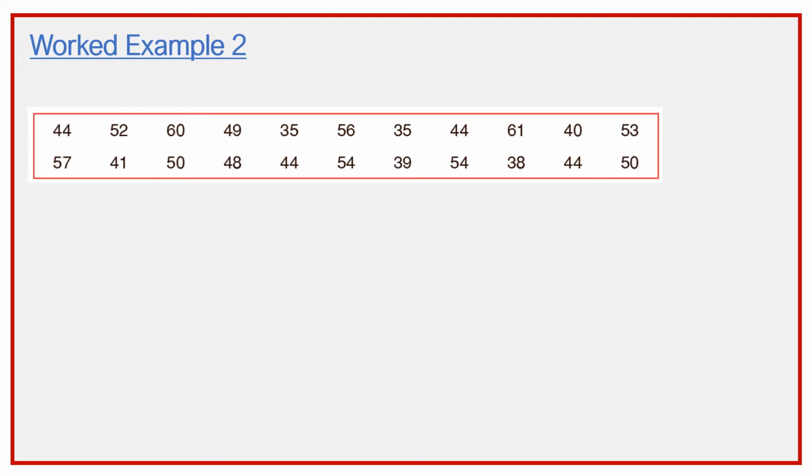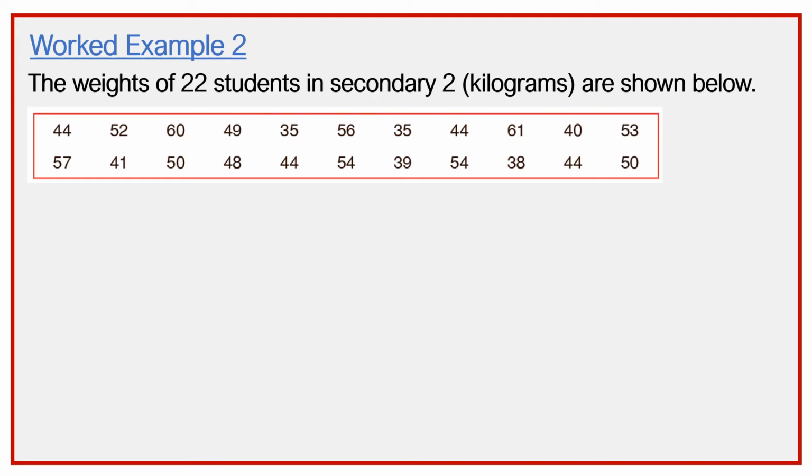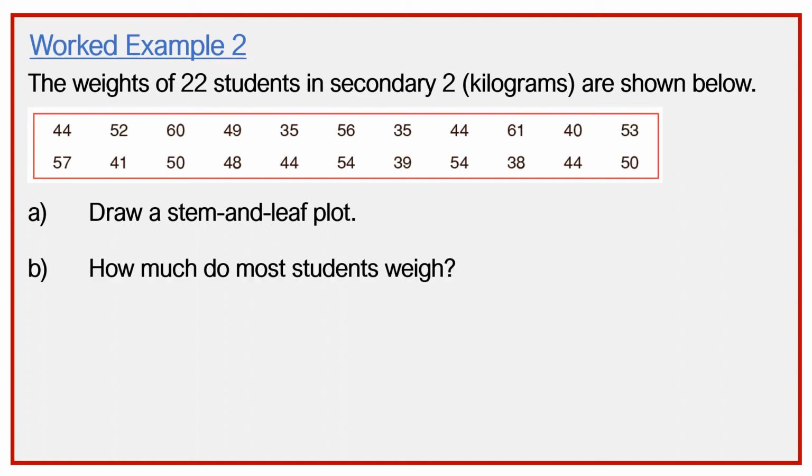Example number 2. The weights of 22 students in secondary 2 in kilograms are shown below. A. Draw a stem and leaf plot. B. How much do most students weigh?